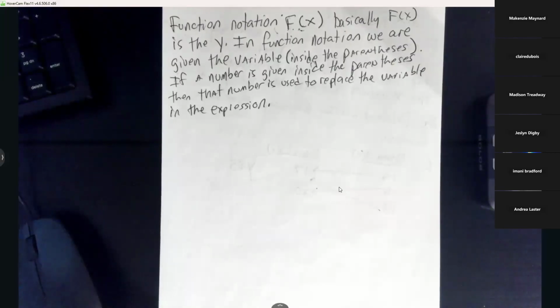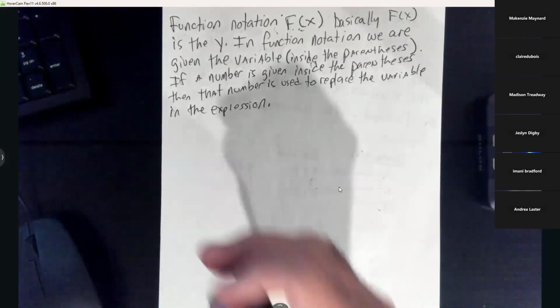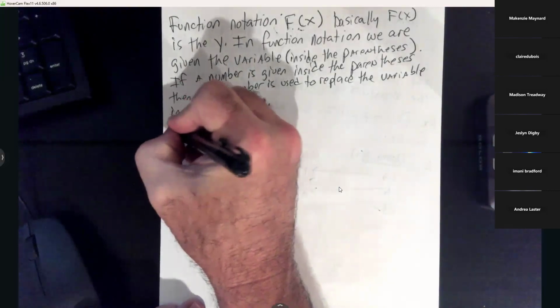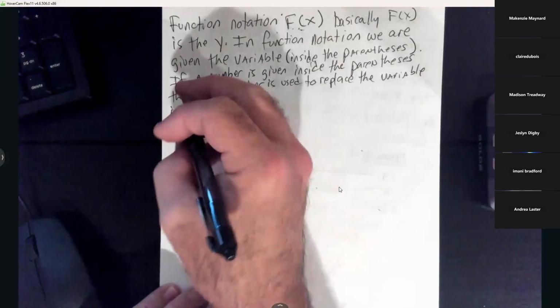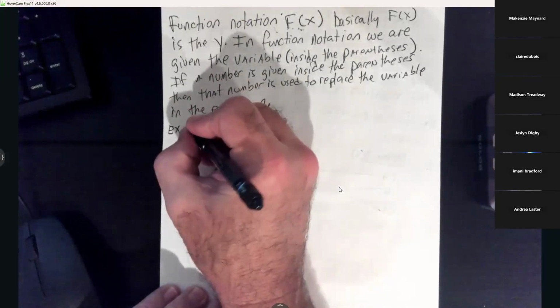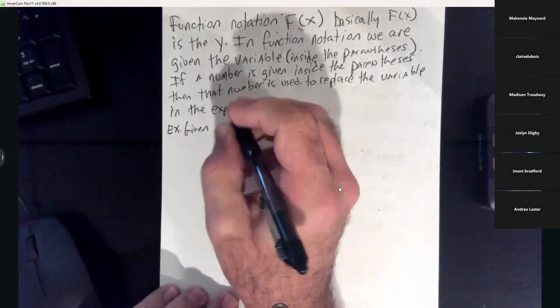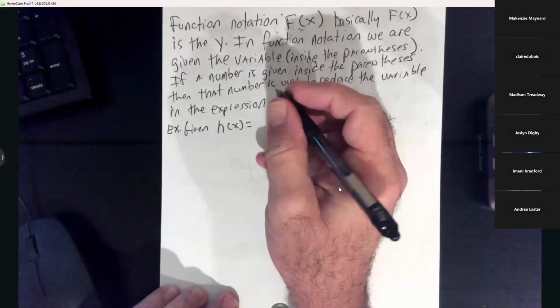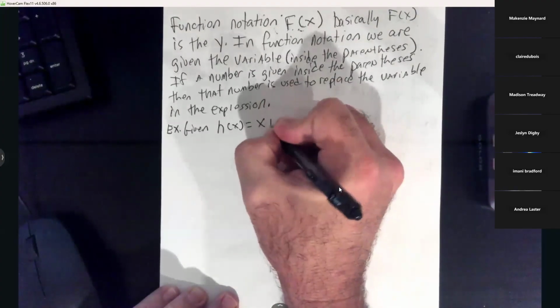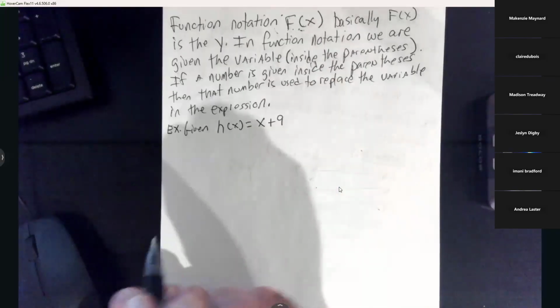So let me play with a few of these. For this example, I'm given the function h of x equals x plus 9.